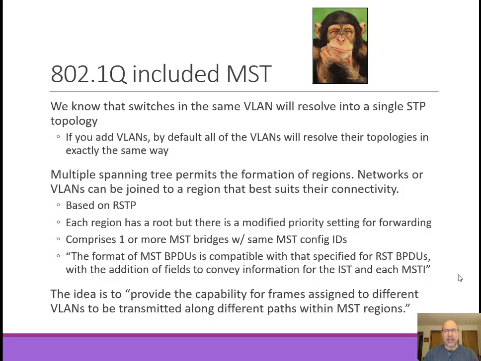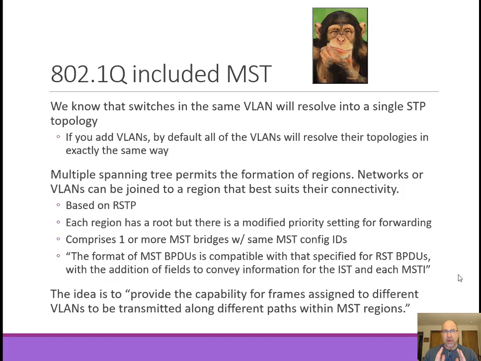So the language in the standard, because I gotta admit, it's a little confusing. You don't see this used very often. The MST BPDUs are exactly the same as the BPDU format for RSTP and for STP. Now remember that RSTP modified the fields, but the BPDU is largely the same. MST does the same thing.